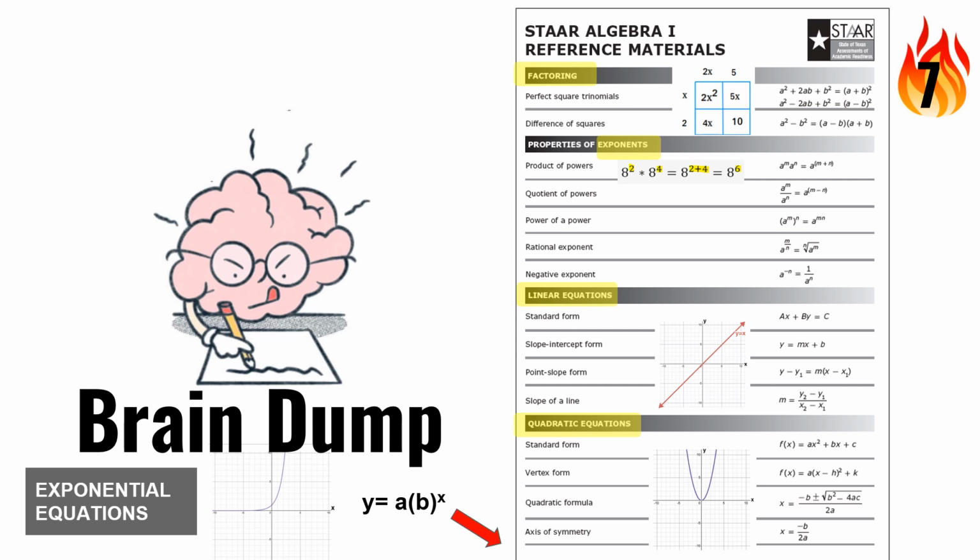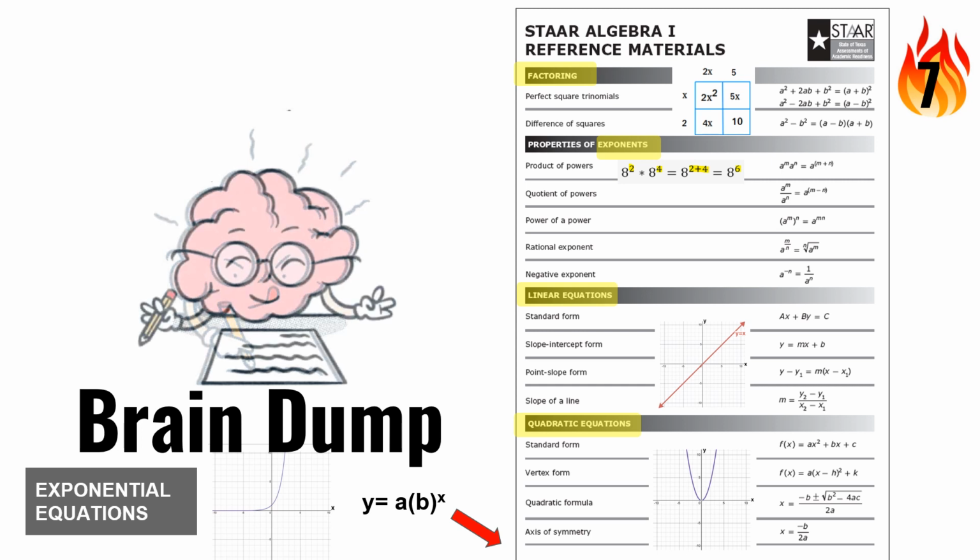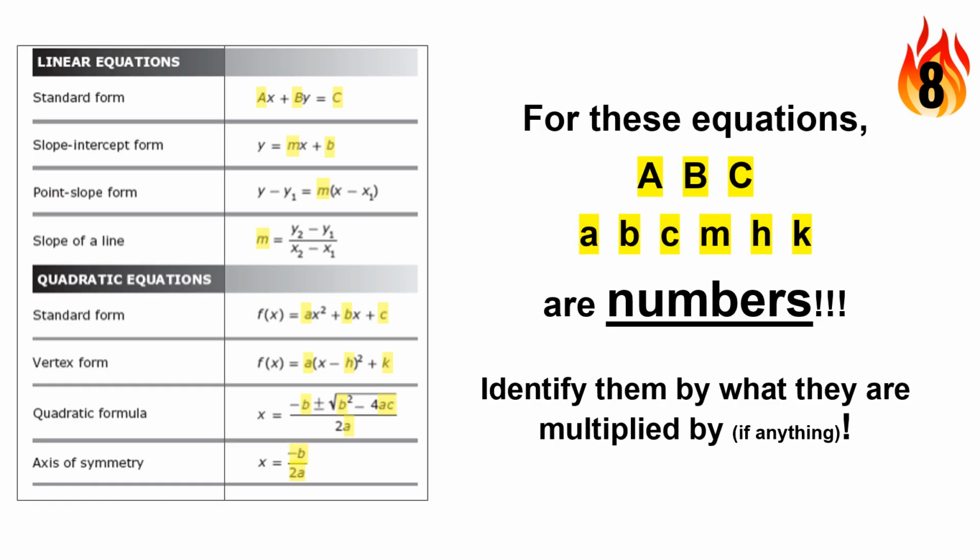I would say y equals a times b to the x, where a is the starting amount and b is either the growth or decay factor. And notice that it's raised to the power of x. That's why it's exponential, right? The power of x is an exponent. All right, hopefully after you do your brain dump, you'll feel confident and ready.